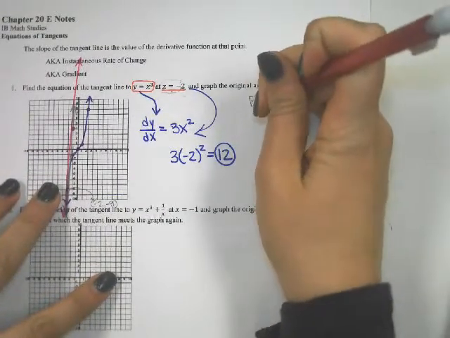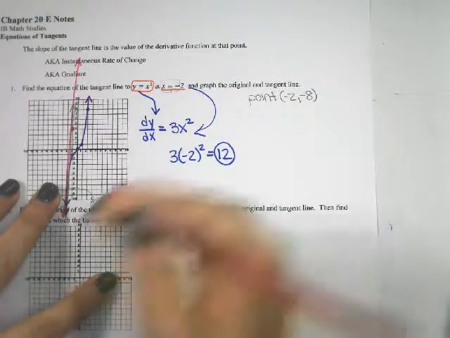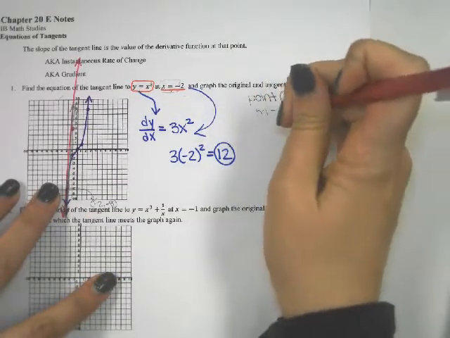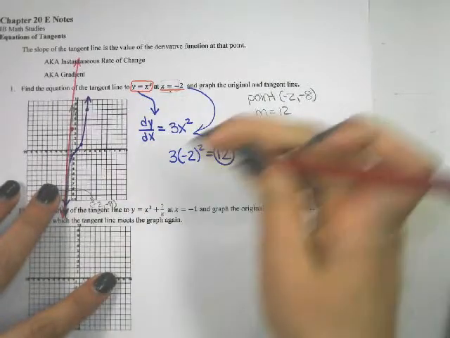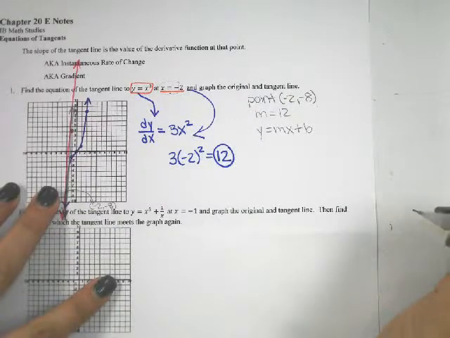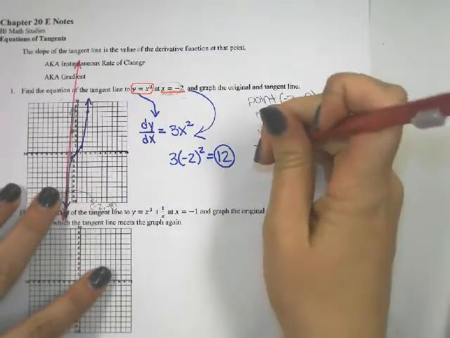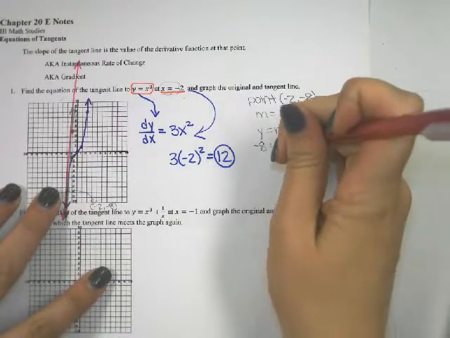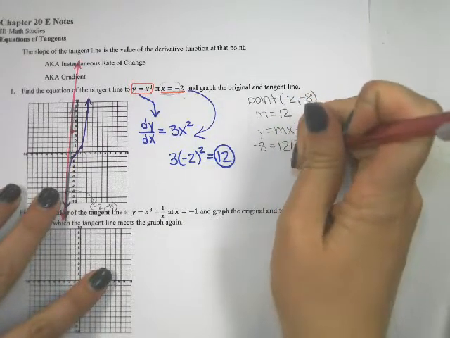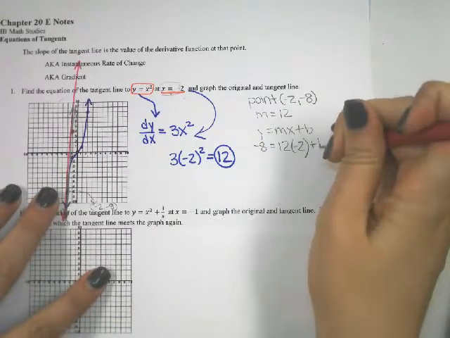The slope is 12. So the point is -2, -8. Slope is 12. So we can take y equals mx plus b and plug in everything we know, and solve for my y-intercept. So my y value is -8, my slope is 12, x is -2, plus b.